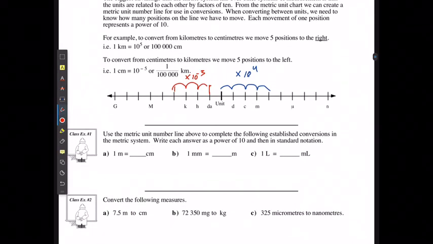So, if I'm using the metric unit number line to complete the following, then we can write each answer as a power of 10 in standard notation.